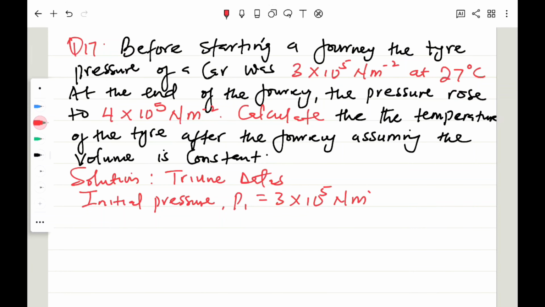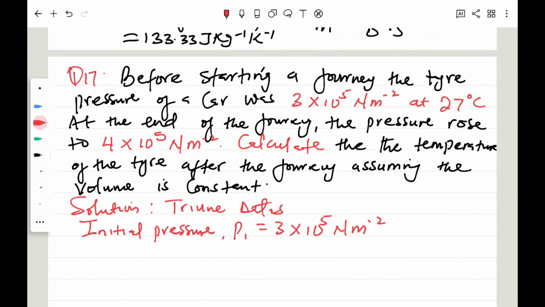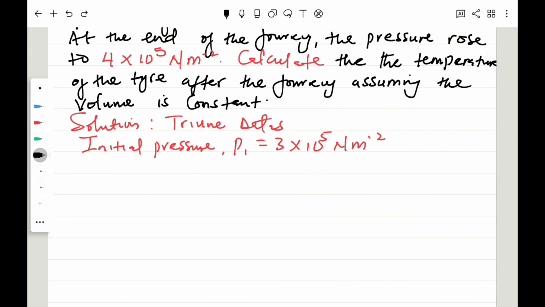Then, at 27 degrees Celsius, that gives us our T1, which is equal to 27 degrees Celsius. We need to convert to absolute Kelvin, please. So 27 plus 273 will give you 300 Kelvin.